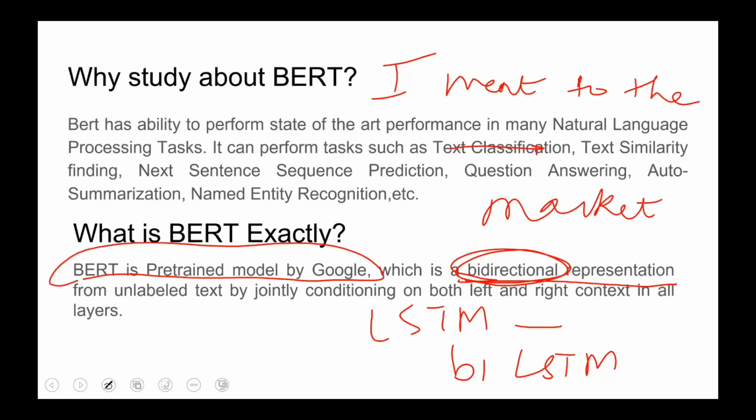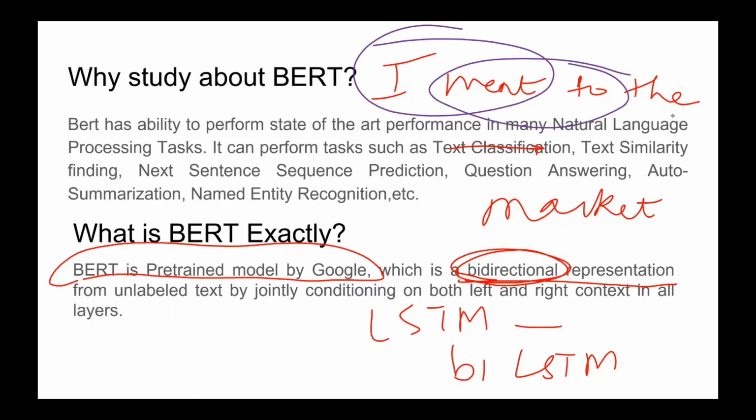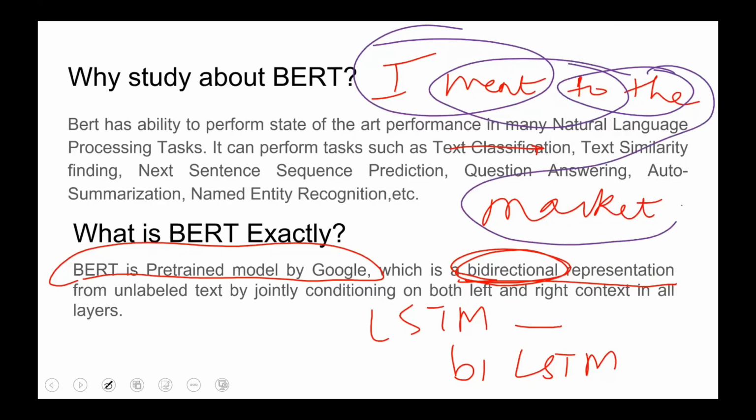When we said n-gram model, we say I went to the market, so we were going only in the forward direction and trying to find the relationships between I went to the, and so on. So the LSTM was an advanced version of the n-gram model, which was trying to find the relationship between different words.